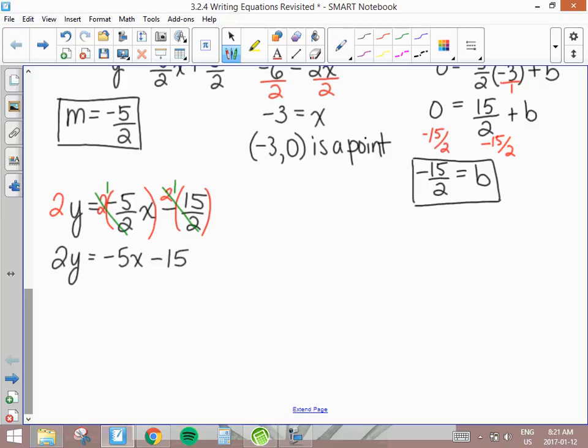And now I can start to make this look like standard form by moving everything to one side so that it equals 0. When I do that, I want the x term to be positive. So since it's a negative 5x here, I'm going to add it to the other side.